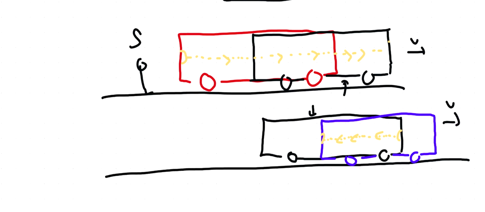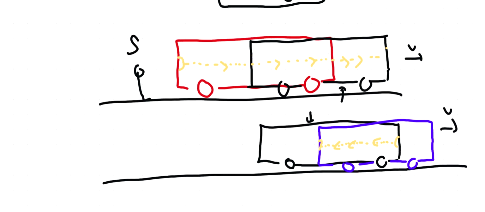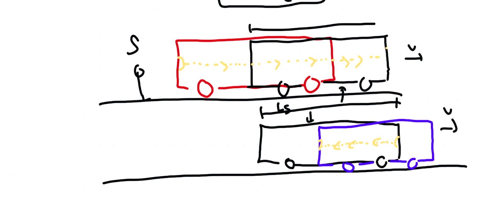Now we're going to assume that the length of the bus as measured by the guy at the station, we're going to take that to be LS. So this length here is LS.